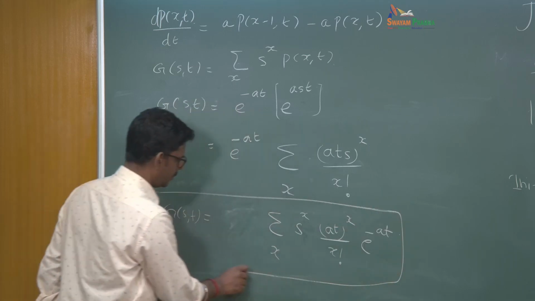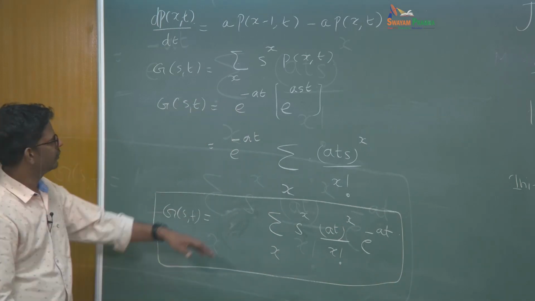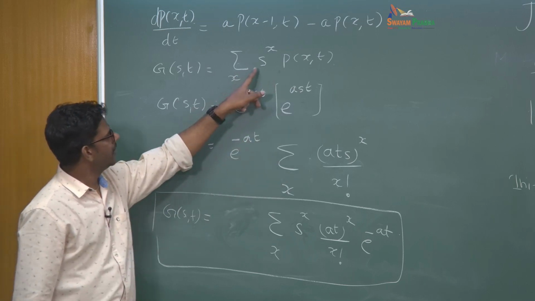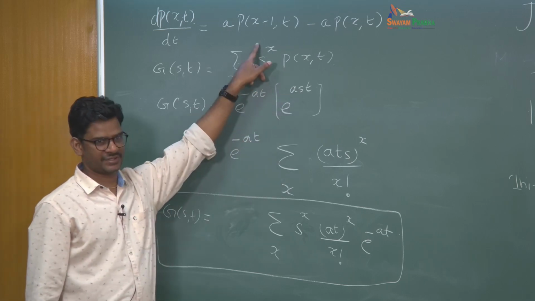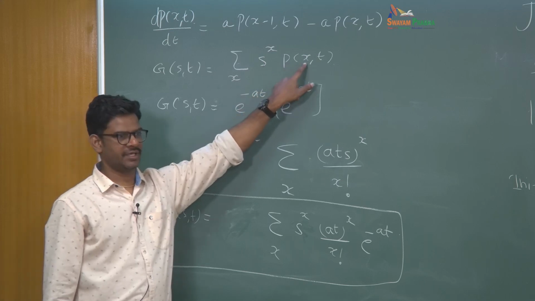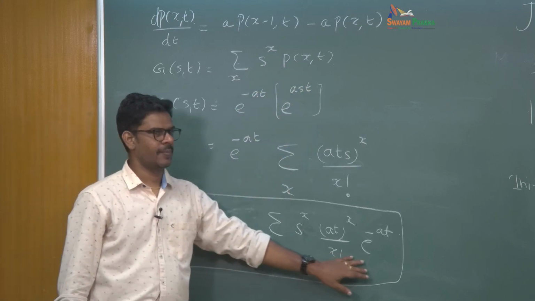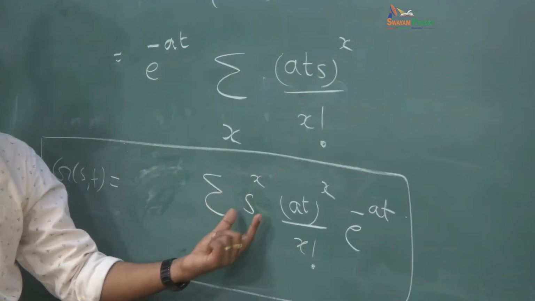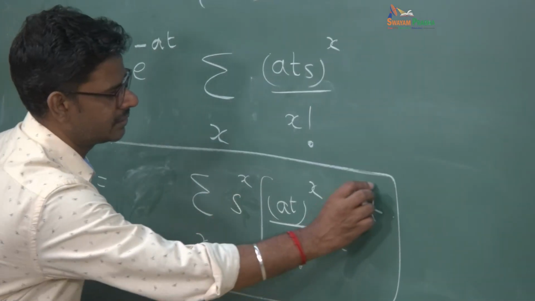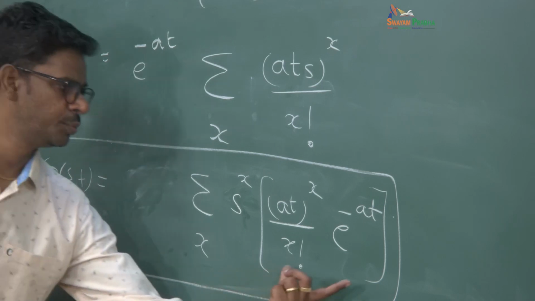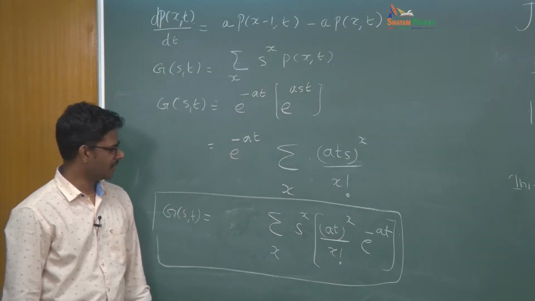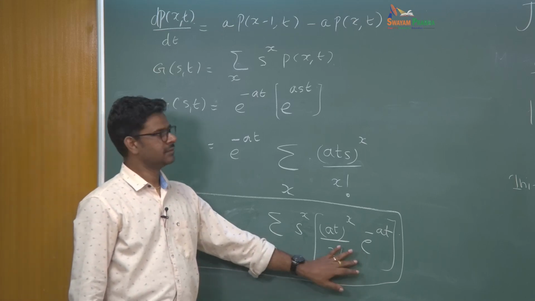So now we go to the definition of this generating function g, and whatever is the prefactor of this s power x term, that should be the p of x comma t. Okay, so in the solution we have rewritten such a way that there is an s power x term and then there is a prefactor here. So this entire group of terms should be actually equal to p of x comma t.